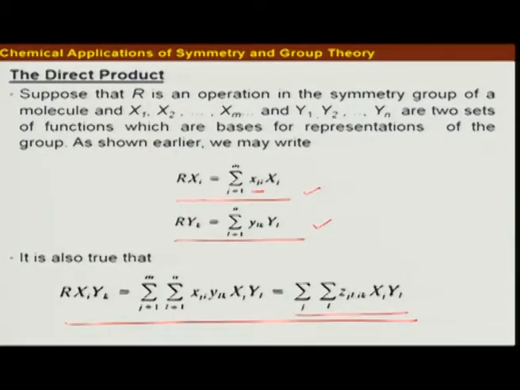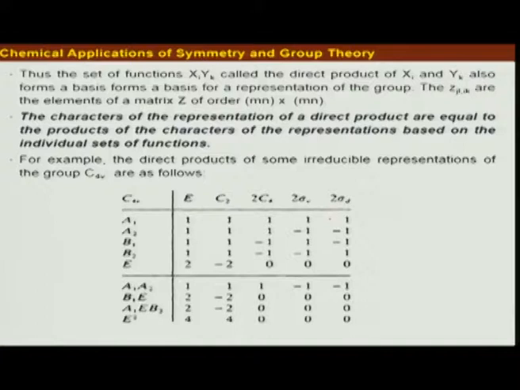What we are talking about is the combination of two different sets of basis functions, and then operating the symmetry operation on that. Therefore the set of functions xi yk are called the direct product of xi and yk. It also forms a basis for a representation of the group.